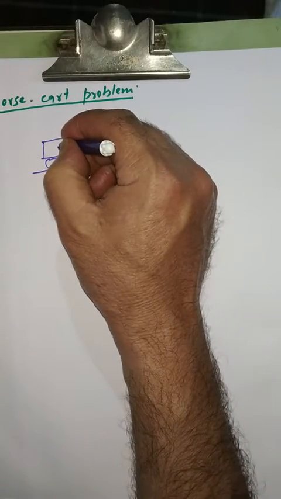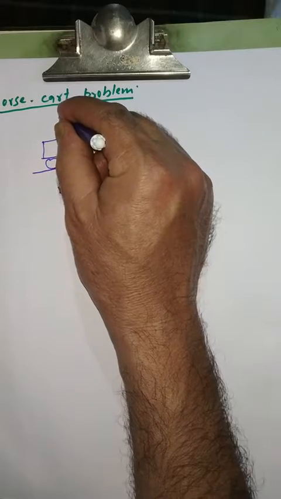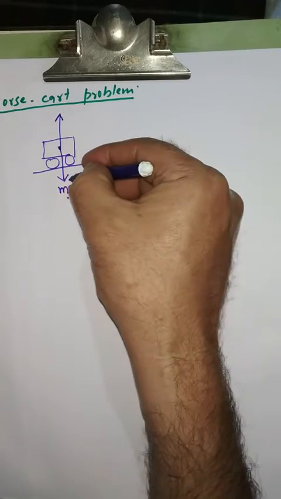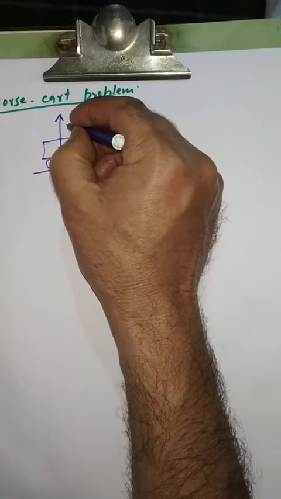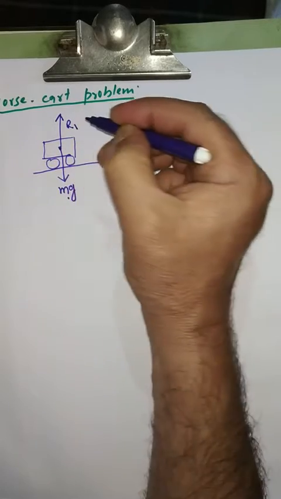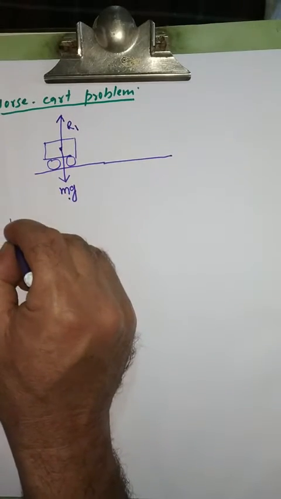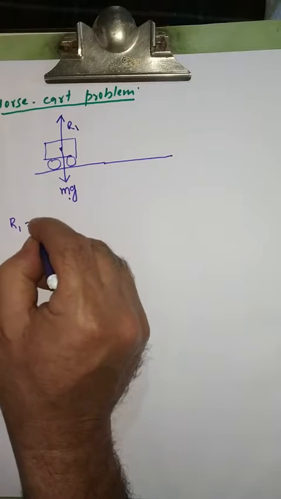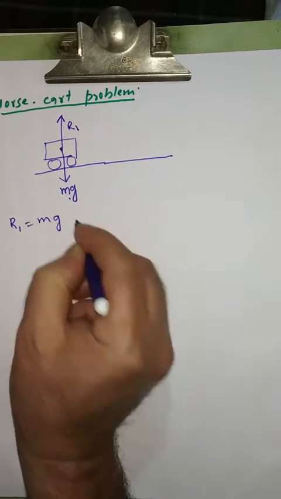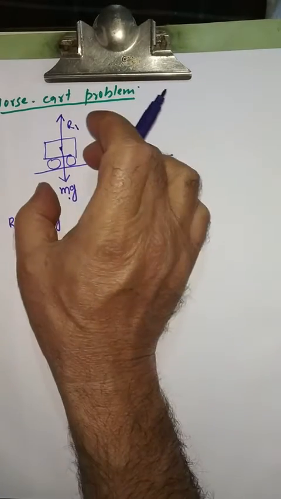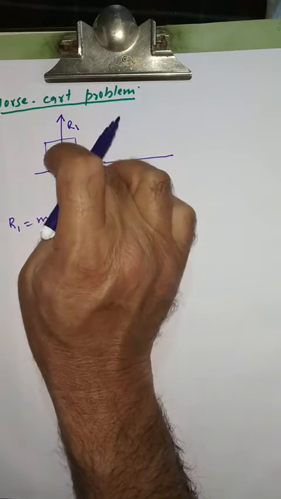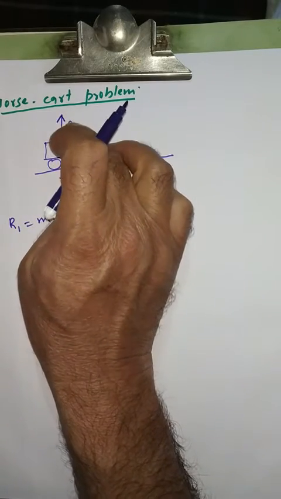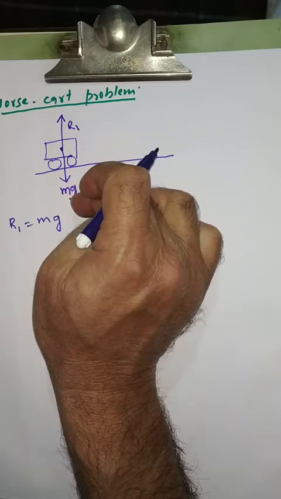Now, as per Newton's third law, there must be a reaction. To every action there is equal and opposite reaction. So this will be R1. It will be balanced, so R1 will be equal to mg as per Newton's third law of motion. Since कार तो अपनी जगह ना ऊपर जाता है ना नीचे जाता है, एक ही जगह, so R1 बैलेंस करता है इसके वेट का.